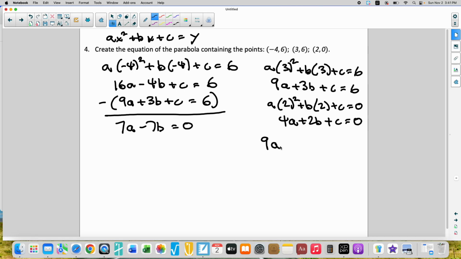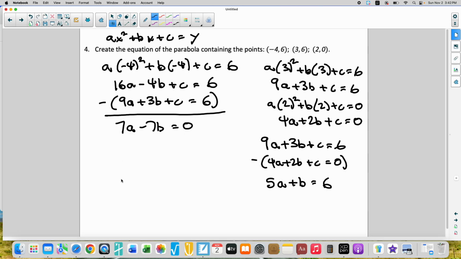That would be 9a plus 3b plus c equals 6 minus the quantity 4a plus 2b plus c, equals 0. So subtracting, negative, negative, that gives us 5a plus b. These cancel, equals 6.